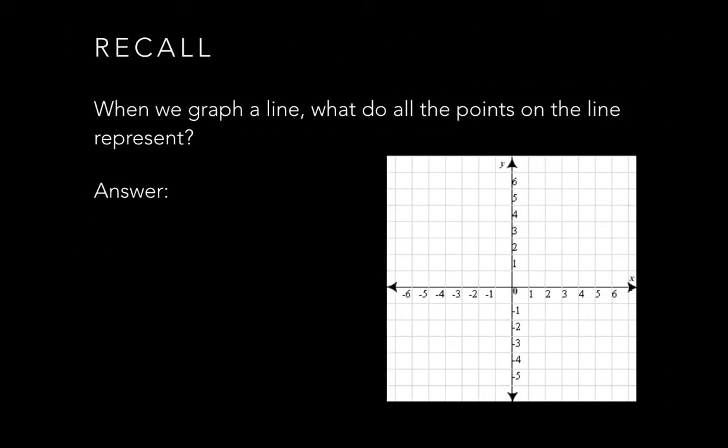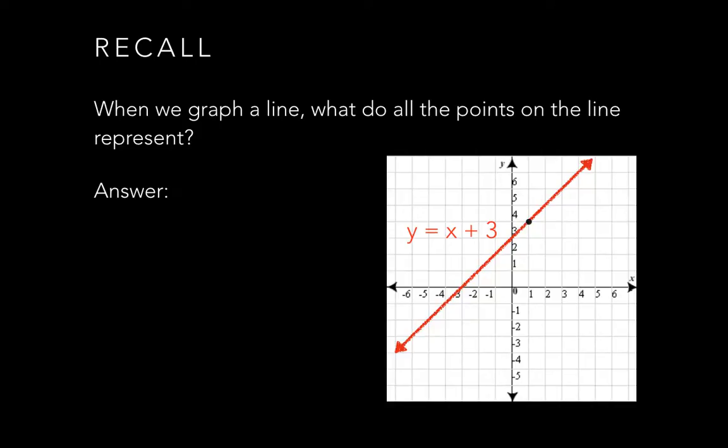First, we have to recall that when we graph a line, what do all the points on the line represent? Well, let's take, for example, this line here. It is the line y equals x plus 3. Its y-intercept is 3, the b value, and its slope is 1. It's up 1, over 1, rise 1, run 1. So let's select just any point on this line.